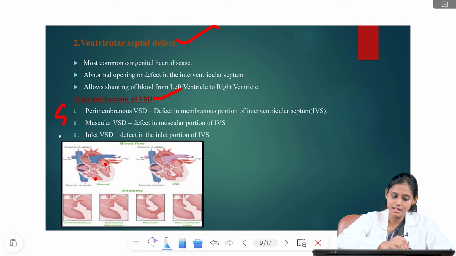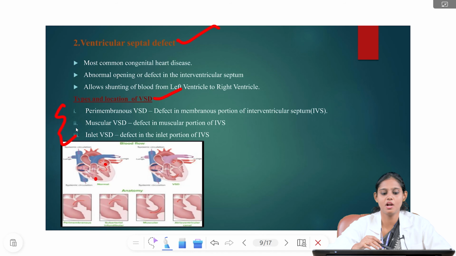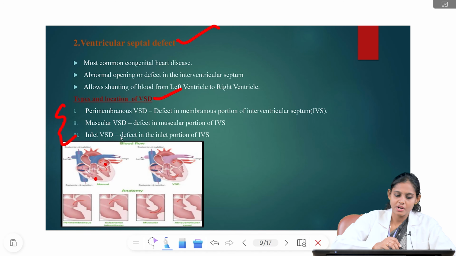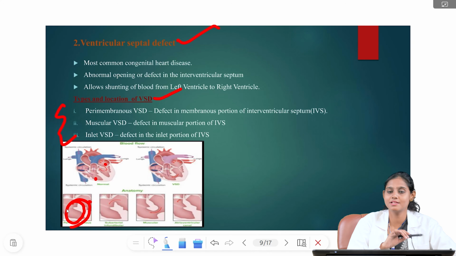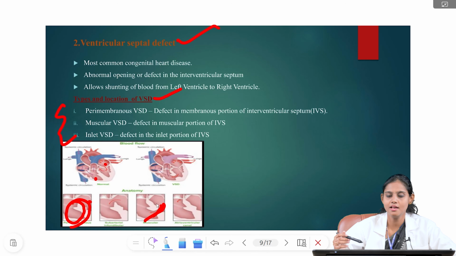We have three main types, which are called perimembranous VSD, muscular VSD and inlet VSD. Perimembranous VSD is a defect in the membranous portion of the interventricular septum, whereas muscular VSD is a defect in the muscular portion of the interventricular septum.